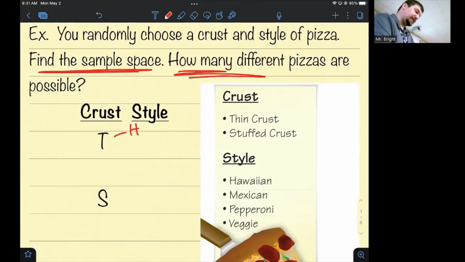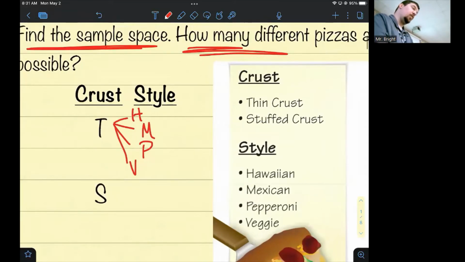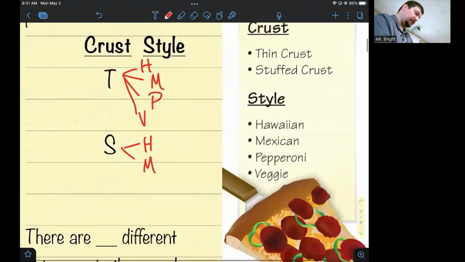We've got Mexican style, pepperoni, classic, and veggie, which I guess would just be no meats, right? Be all the other vegetables. So I've got my Hawaiian, Mexican, pepperoni, and veggie. There are 4 styles for that crust. And then those same 4 styles I can use on a stuffed crust pizza. So stuffed crust Hawaiian, stuffed crust Mexican, stuffed crust pepperoni, and then stuffed crust veggie.